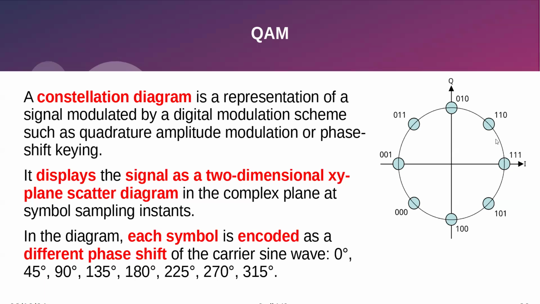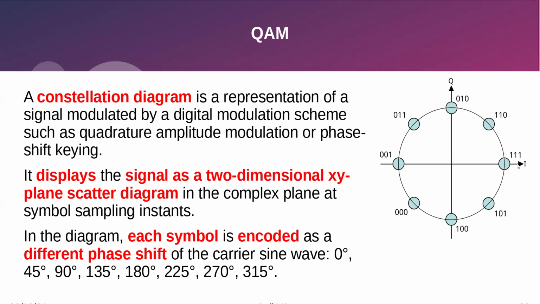And in this case, it's an 8 phase. It's plotted on the real and imaginary axis, where Q, because it's shifted 90 degrees, is in the complex plane. It's imaginary. Each one of the states is one of these little circles around the big circle, and that circle is the amplitude.